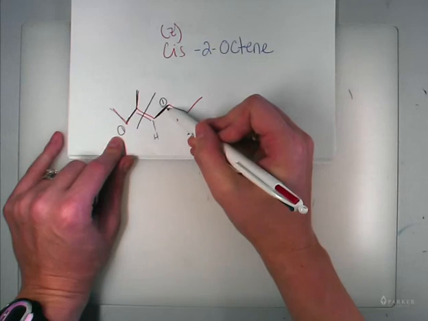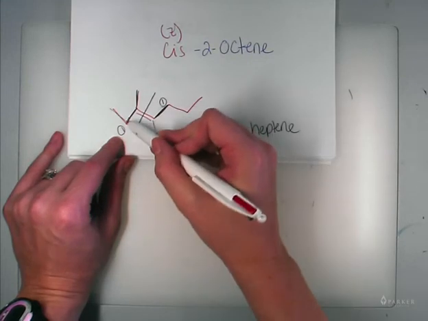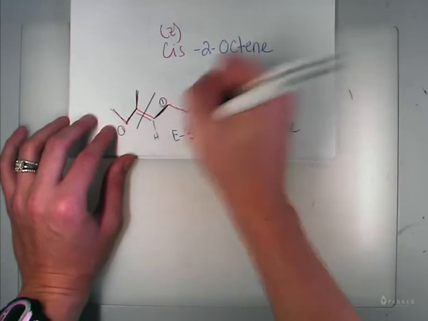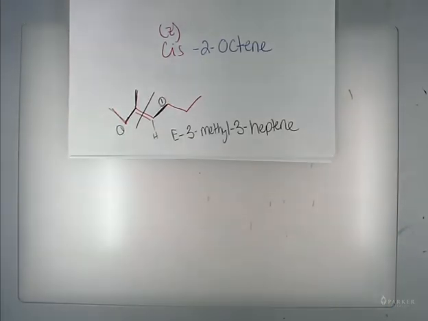This one's pointing up, and this one's pointing down. So that would be E. Anytime they're drawn in skeletal, you can technically say cis, trans, E, or Z. Okay, and that's pretty much what we went over yesterday.